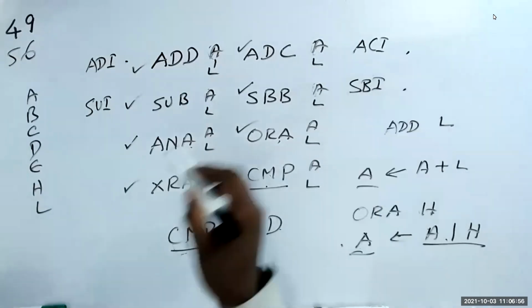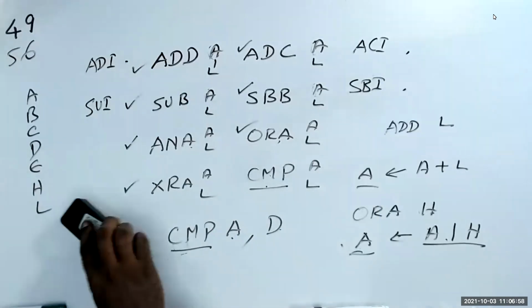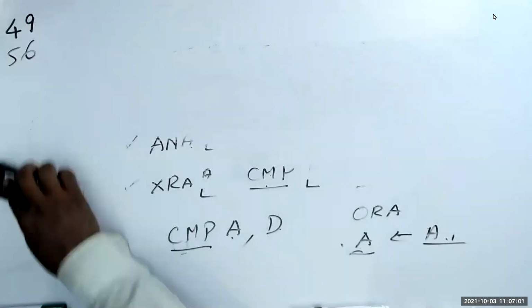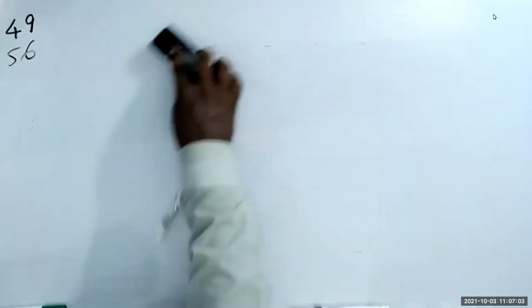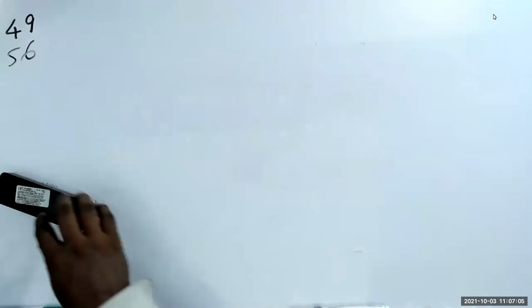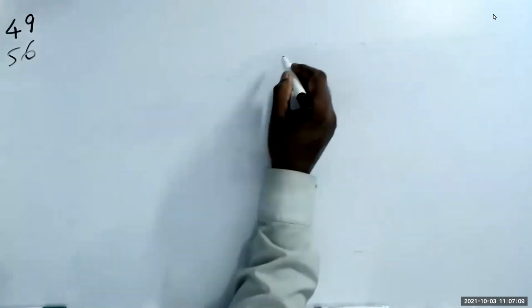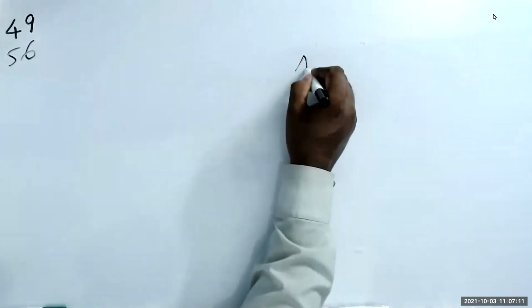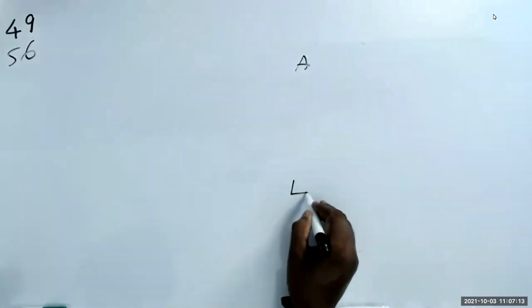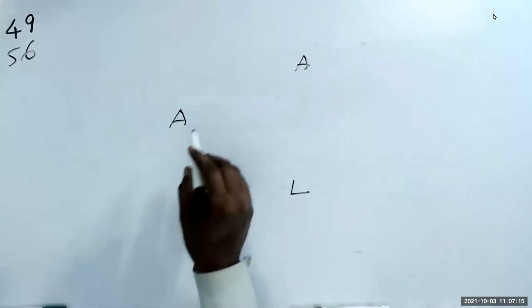What they are trying to do is very clear. Please understand, they want you to remember things without too much pain. That means you can add any registers A to L with A. What are the operations?